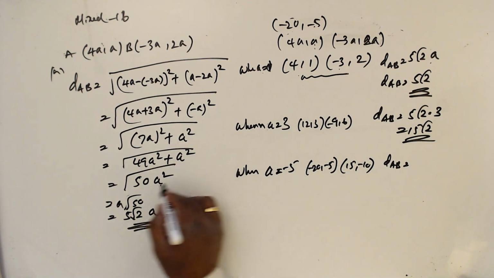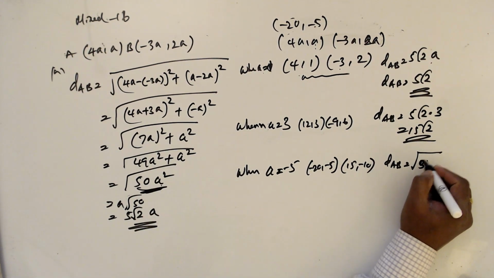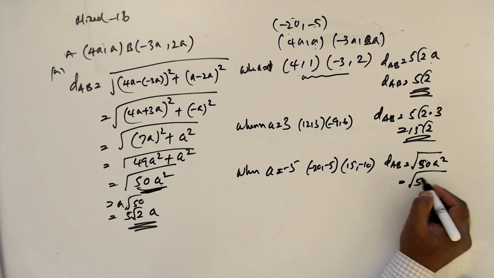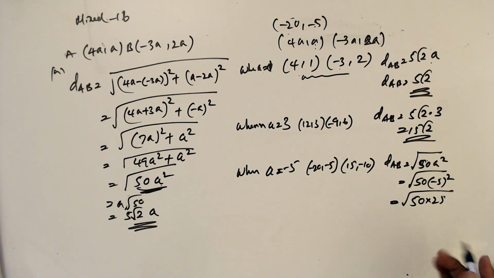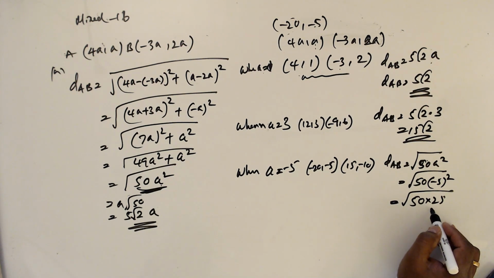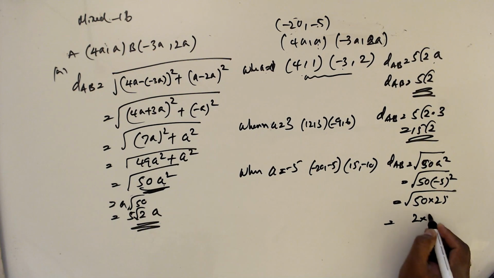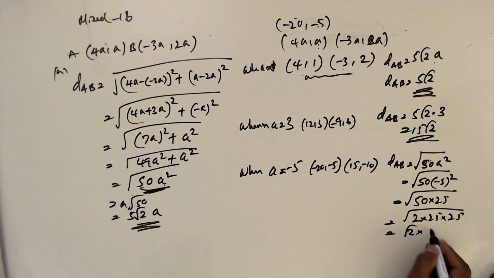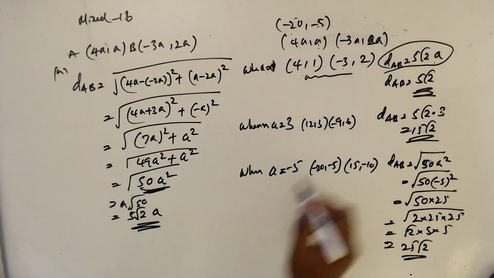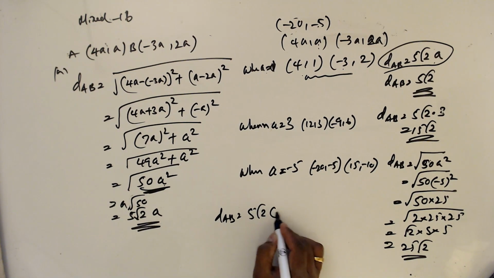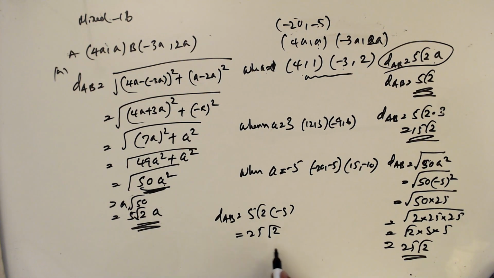Or if you put it to this one, 50 a square, which is going to be 50 times minus 5 square, right? 50 times 25. No, I'm wrong. So this is 2 times 25 times 25, square root. This is square root 2 times 5 times 5, 25 square root 2. If you substitute to this formula, DAB equals 5 square root 2 times minus 5, minus 25 square root 2. So then take the mod value of this one. So this is going to be 25 square root 2, as distance cannot be negative.